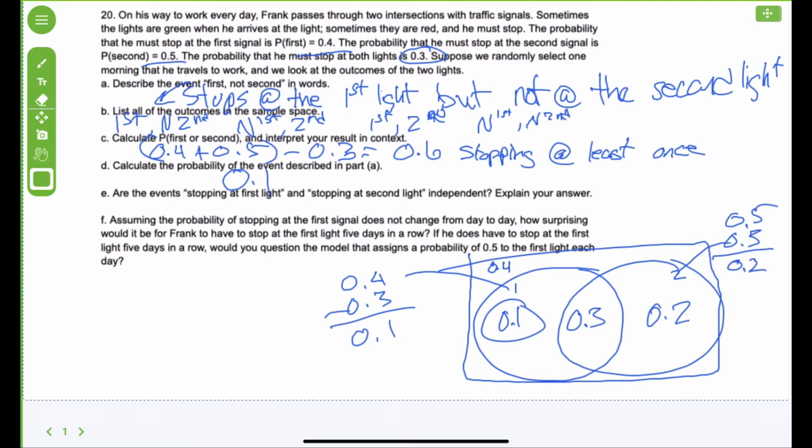Now E says, are the events stopping at first light and stopping at second light independent? Well, no, we know that real easily because it says 0.3 is equal to 0.4. Well, that's not true. Oh, wait, hold up a second. Stopping at first light and stopping at second light independent. That's not right.